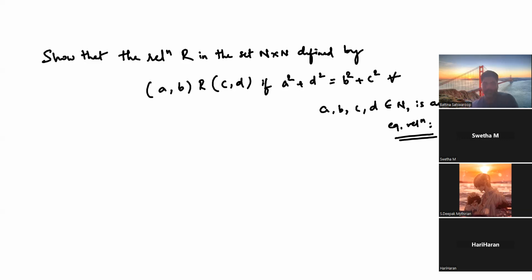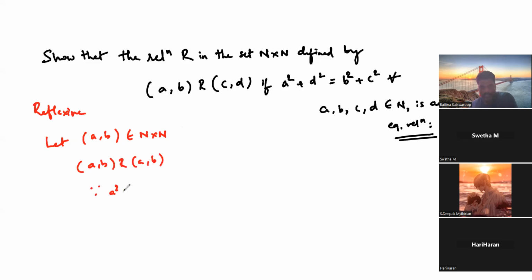First let us look at reflexive. For reflexive, first of all, what will we do? Let (a, b) belong to N cross N. So (a, b) is related to (a, b), since a square plus b square will be equal to b square plus a square.